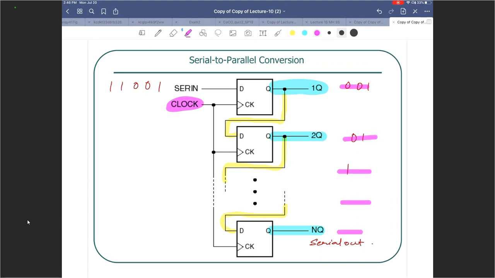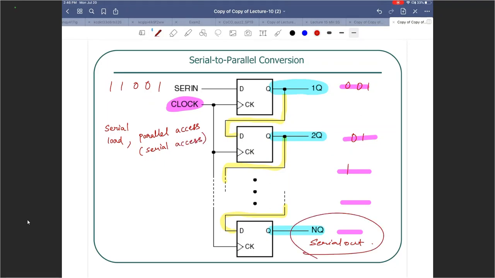So this is a serial load, parallel access, or it's a serial access as well, right? Because you always have the ability to read on the last output.